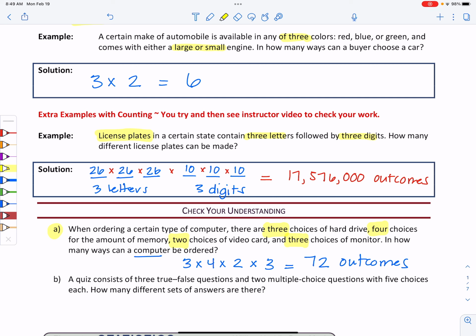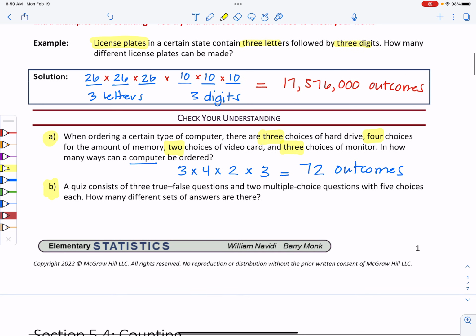All right, if we come back down here to B, B is kind of like this. It doesn't tell me a definite number of outcomes for each individual item, but much like the license plate, it tells me what I have in this quiz. I have 3 true-false questions.